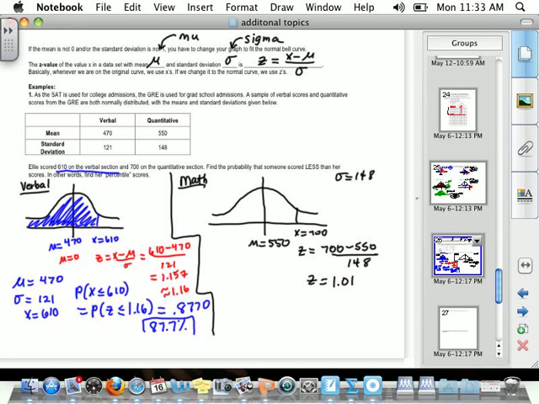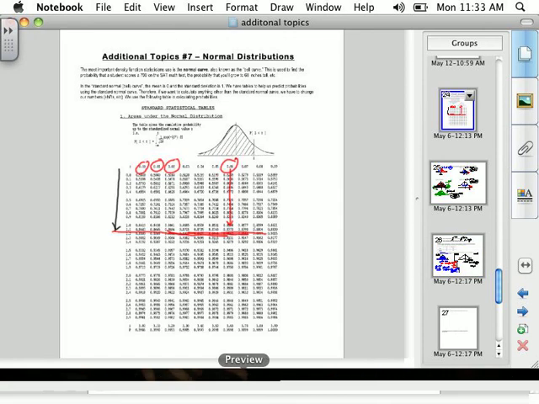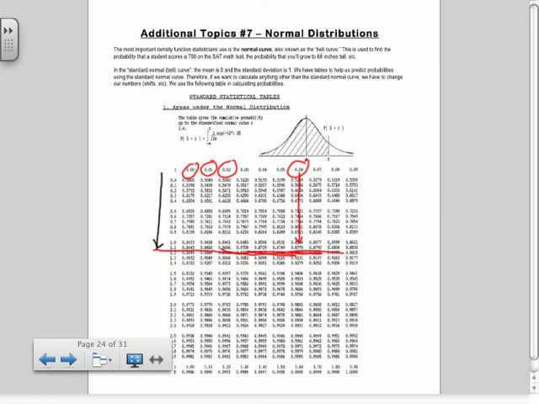1.01. All right, so you go back to your chart, and you look at your chart for 1.01. So it looks like it's 1.01 right here. Did you guys get that?